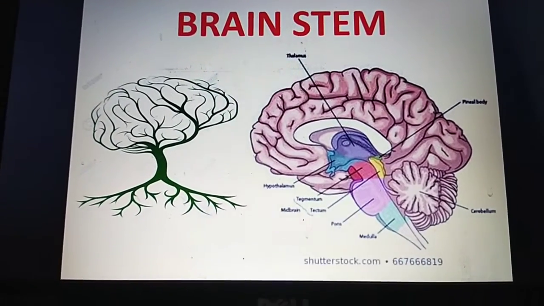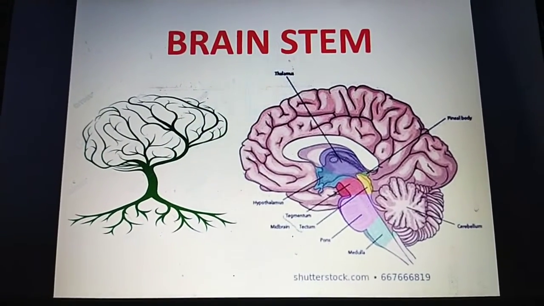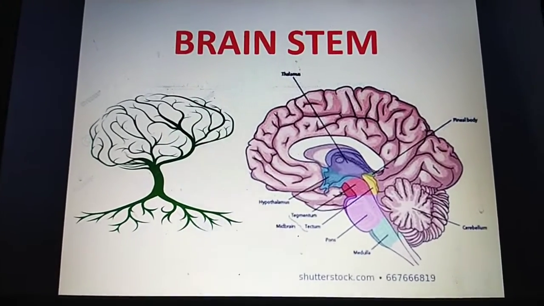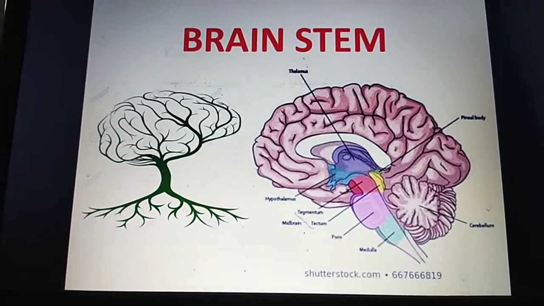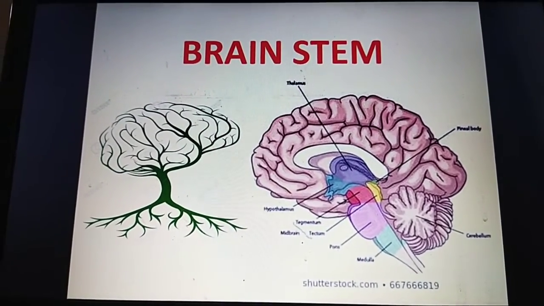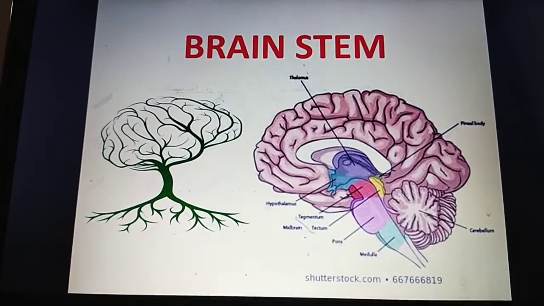The brain stem also houses the cranial nerves and nuclei, and is a passageway for many important neural pathways.